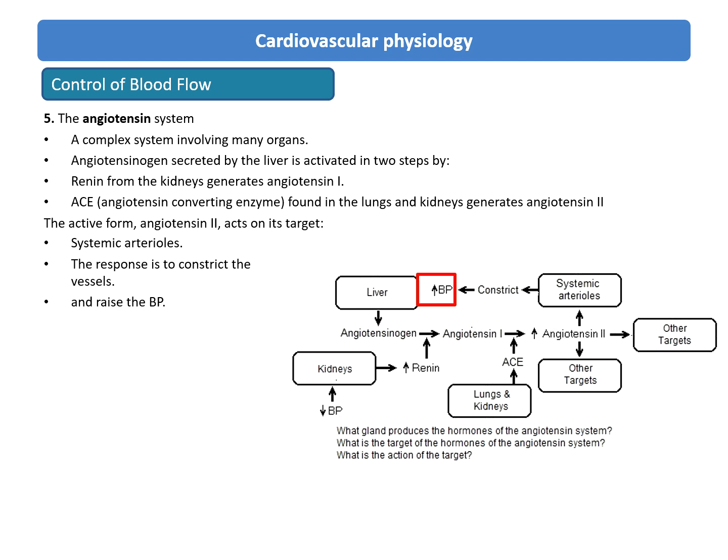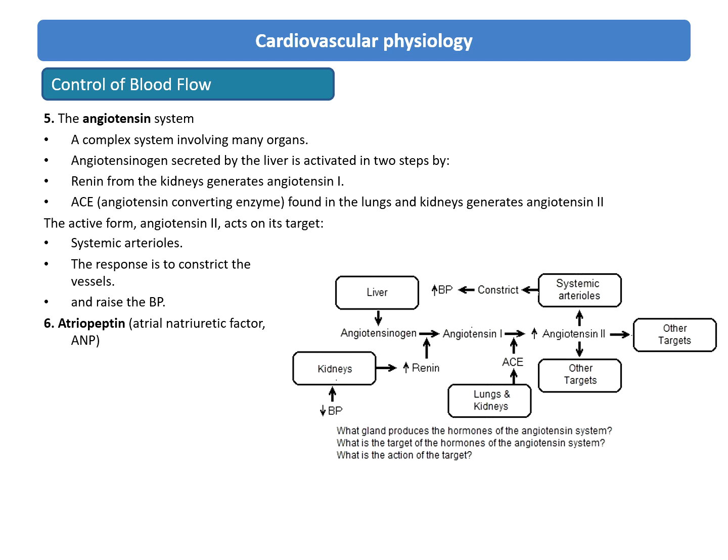We look at the gland, we look at the stimulus, we look at the target, and the action of the target. In this case, it's a little complex. The targets are the systemic arterioles, and the action is to constrict. The hormone is angiotensin 2, and I guess you could say the source of the hormone ultimately is the liver.